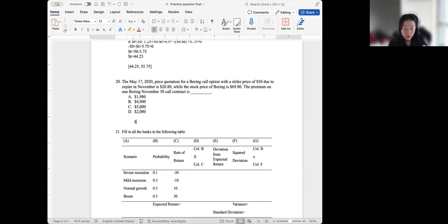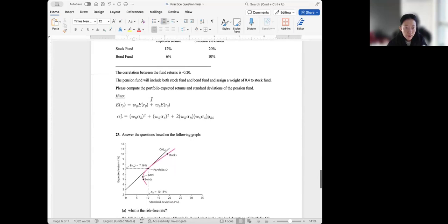So the minimum shares to buy is 100. 20.80 is the per share price times 100. One contract equals 100 shares, so buying one call option means we need to buy 100 shares. That is 2080. So we'll need to pay $2,080.